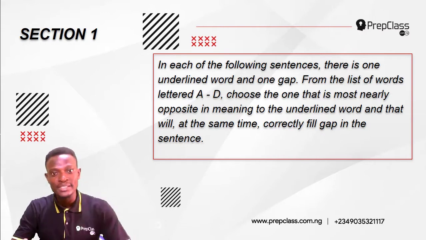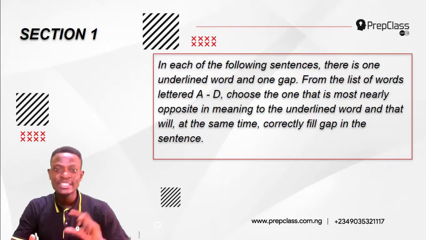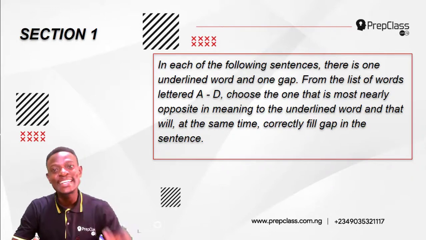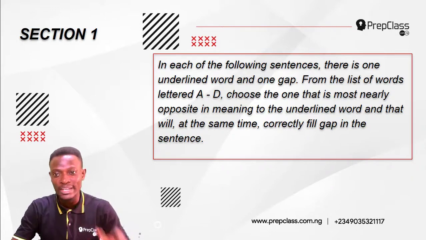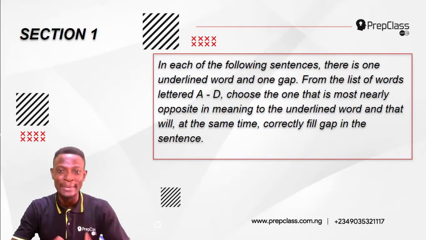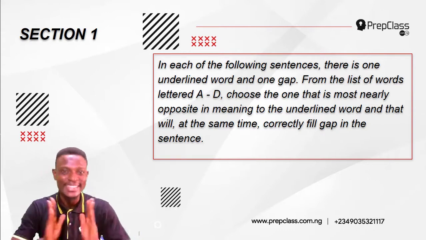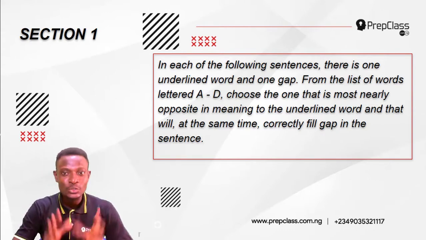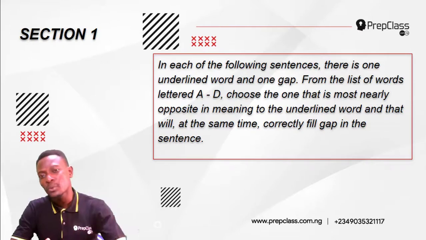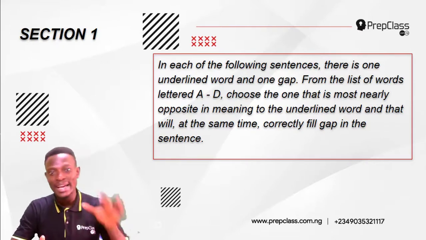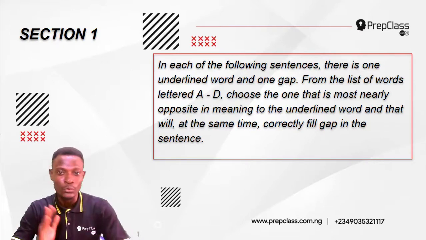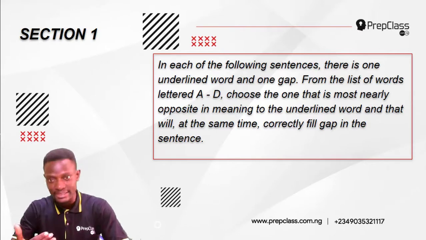From the list of words lettered A to D, choose the one that is most nearly opposite in meaning to the underlined word and that will at the same time correctly fill the gap in the sentence.